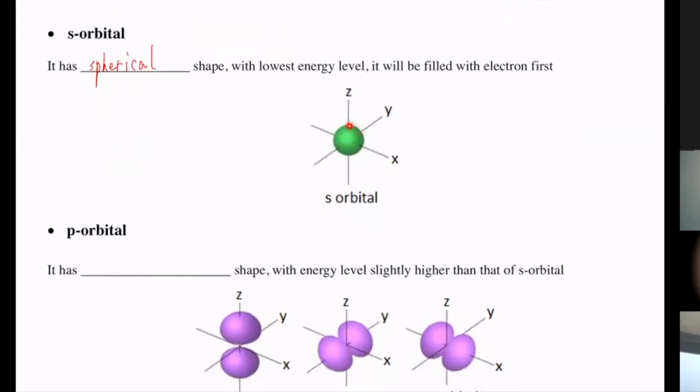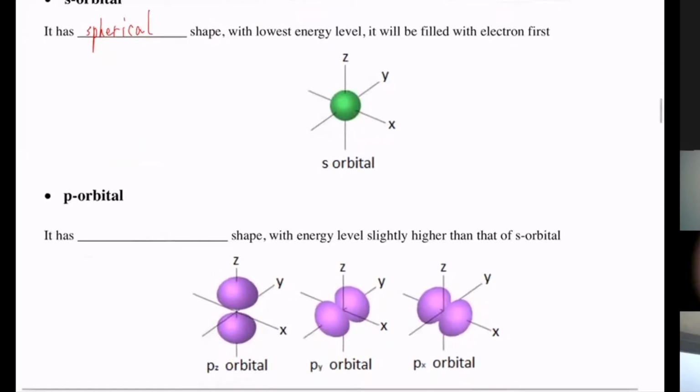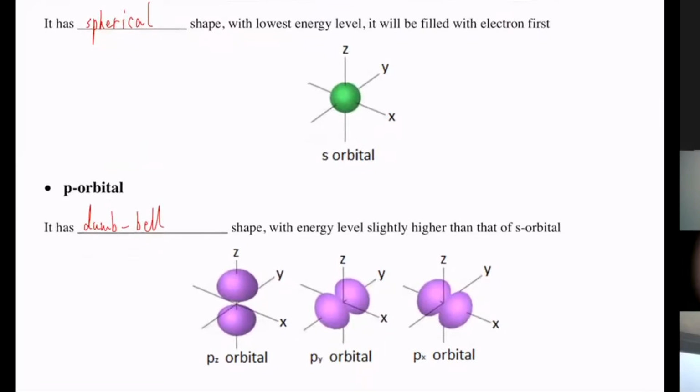Then when the s orbital is fully filled with 2 electrons, we can start to fill in the p orbital. The p orbitals have a dumbbell shape, and they have a slightly higher energy level compared to the s orbital.